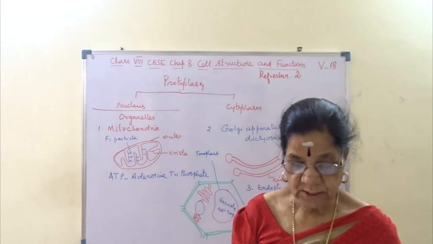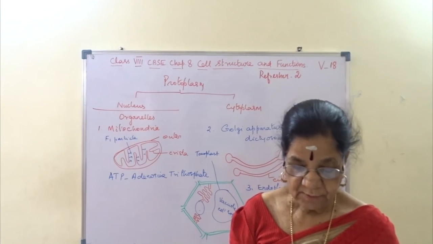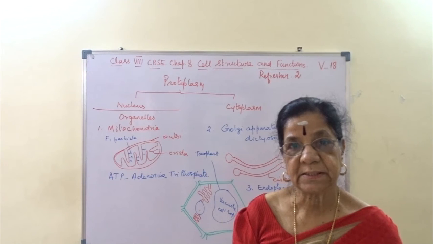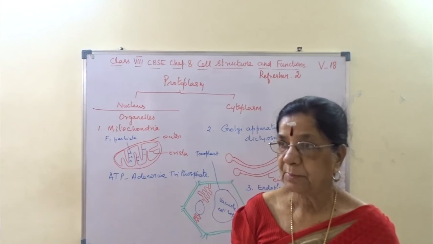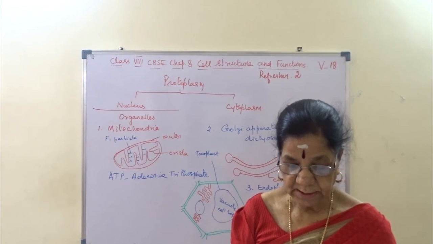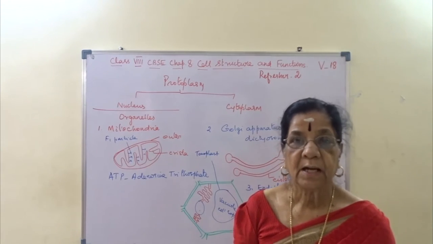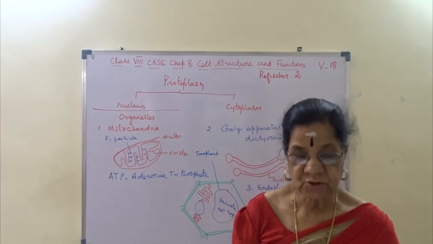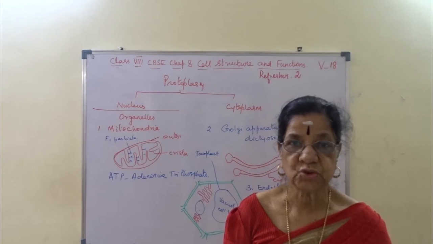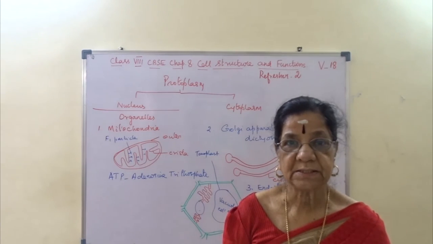They also function as food vacuoles, where they engulf food material. Example, in amoeba, the food vacuole engulfs the food item and digests it using digestive juices. I hope you understand this.